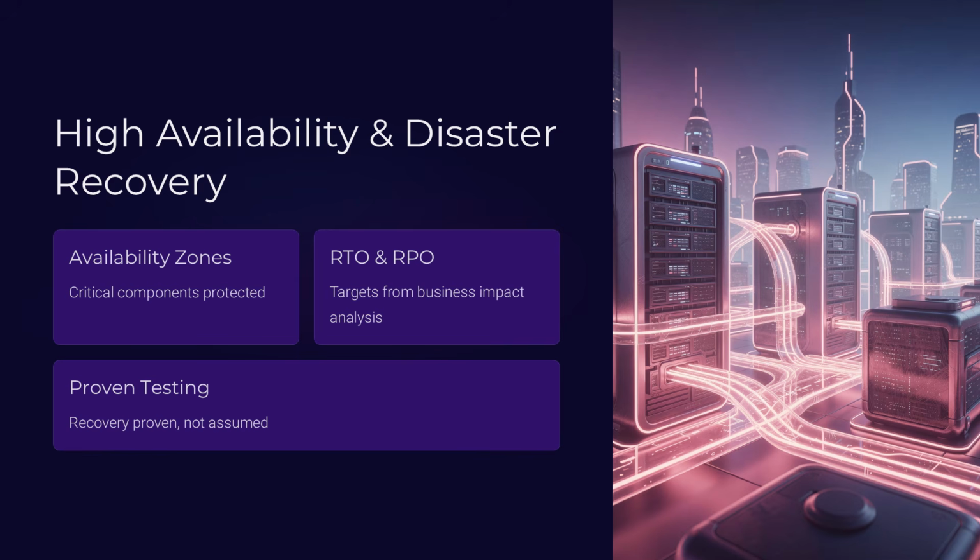You define recovery time objective and recovery point objective targets based on business impact analysis, not guesswork. You design disaster recovery patterns that match those targets, and you plan testing so recovery is proven rather than assumed. Leaders care because continuity protects revenue and reputation. Architects care because resilience design must be coherent across compute, data, identity, networking, and operations.